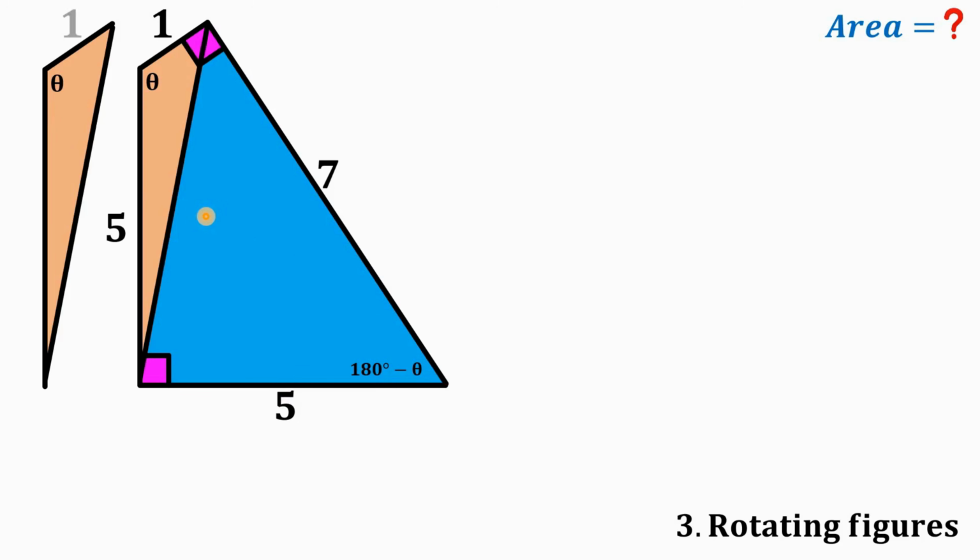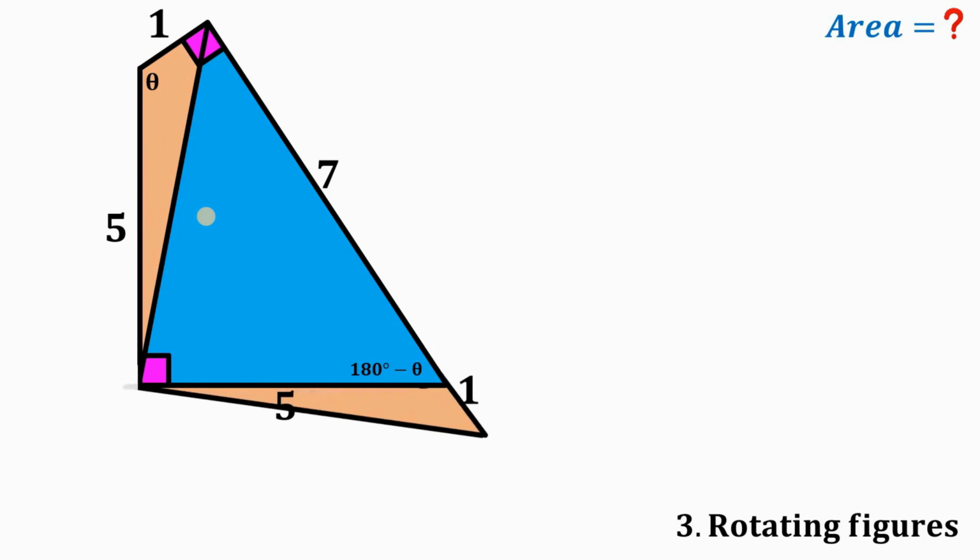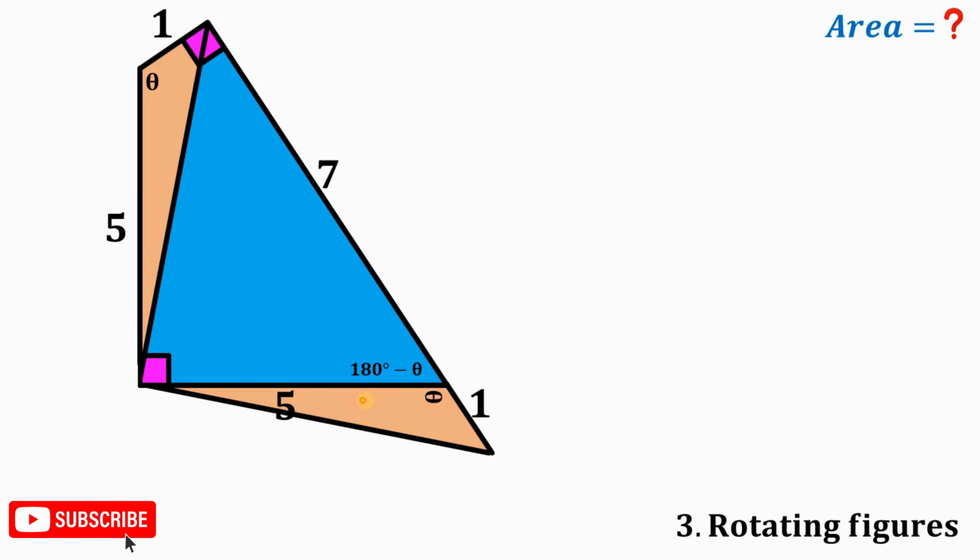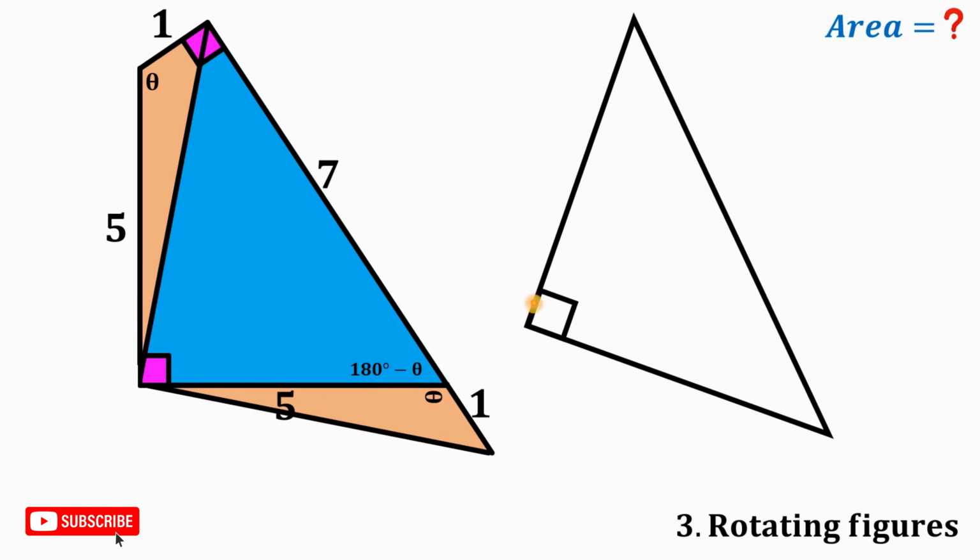In short, if we rotate this figure, this is just a straight line because 180 degrees minus theta plus theta is exactly 180 degrees, and this is the same thing as 5 units. Also, this is a right angle, and if we rotate this figure, this is also a right triangle. So we created an isosceles right triangle having a hypotenuse of 8 units. We know for sure this is an isosceles right triangle, so these angles are 45 degrees.